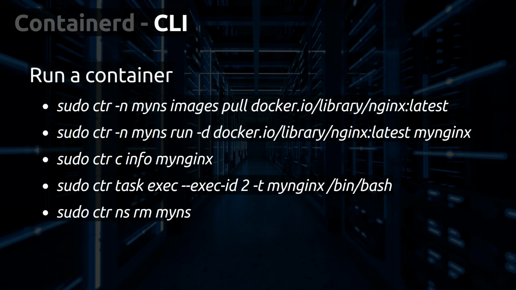With Docker, for example, if you run a docker run -d for detach, and you pass a path for the image and a name of container, and the image is not already present on the server, the image will be automatically downloaded. It's not the case for Containerd, so you need to first pull the image, and just after that you can use it. Okay, and we will see that we have some differences.